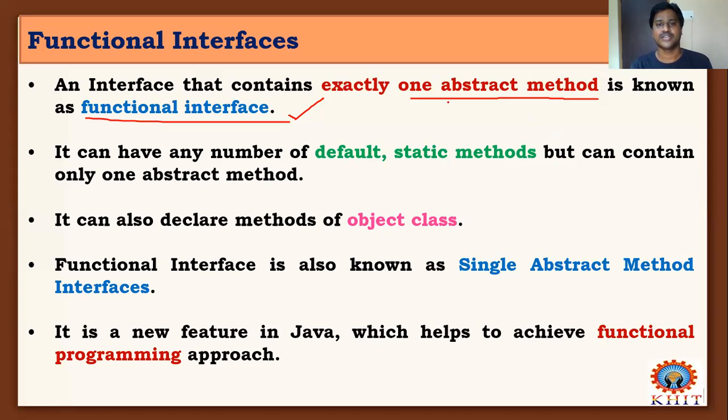So when we like to call that interface a functional interface, it can have any number of default methods, any number of static methods, but can contain only one abstract method. Then only we call those interfaces functional interfaces.